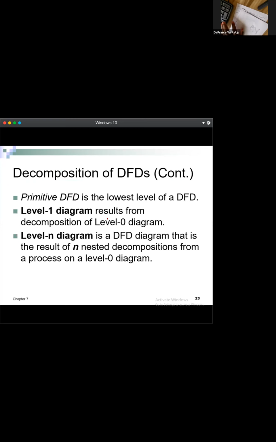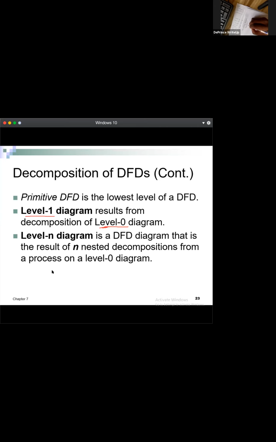So DFD level 1 is the result of DFD level 0. DFD level 0 is the result of functionally decomposing the context diagram. Okay, so what is this saying? The first level is your context diagram. When you functionally decompose your context diagram, you have your DFD level 0.